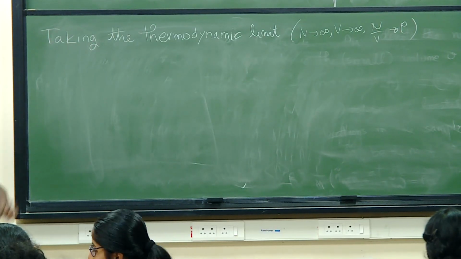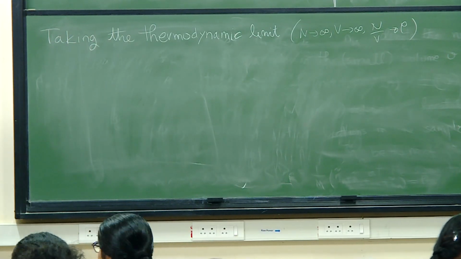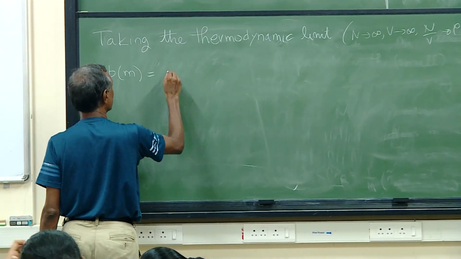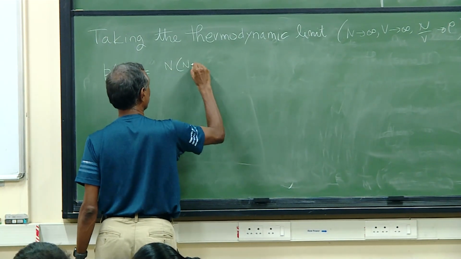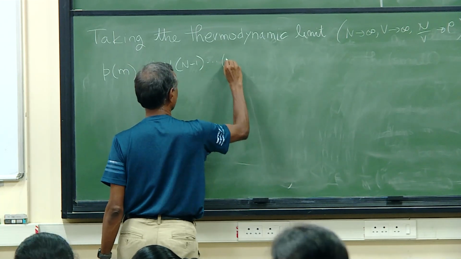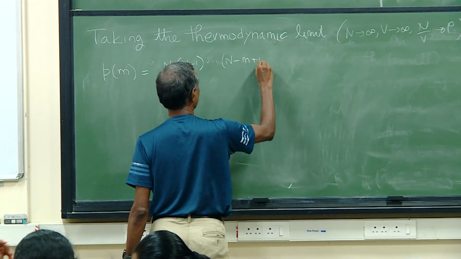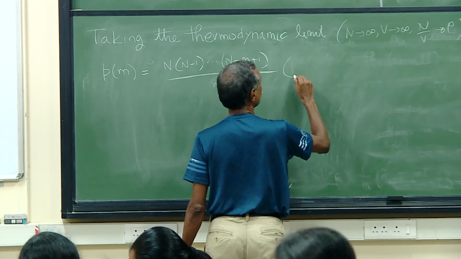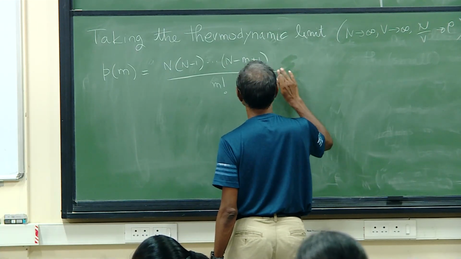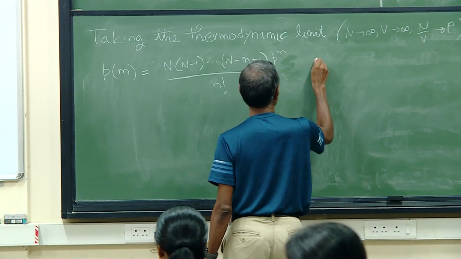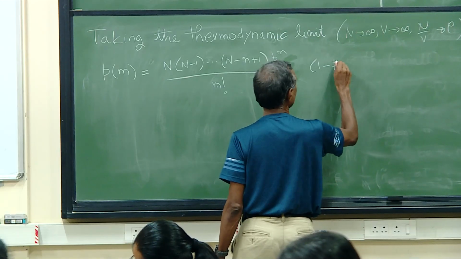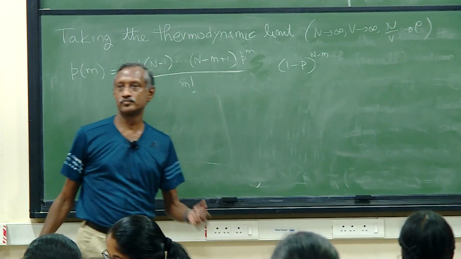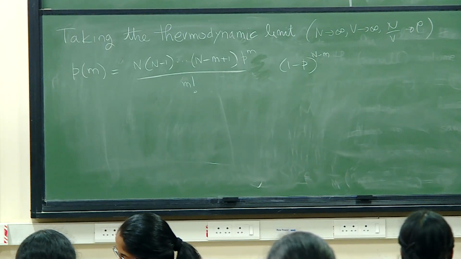So we want to take the thermodynamic limit on that formula. So I will rewrite P of m in the following way. Okay.